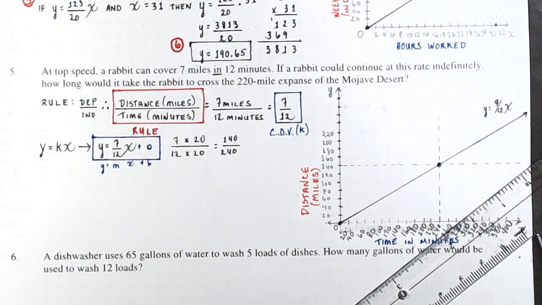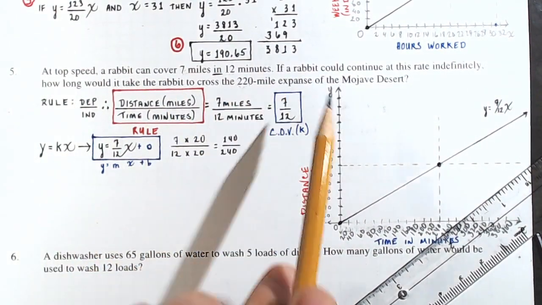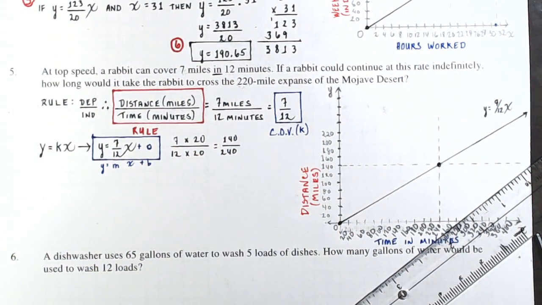Now, we are given a 220-mile distance. We want to know what the time is. So what we can do is, let's see if I can use a different color here that would show up. Got one of these double-sided pencils.